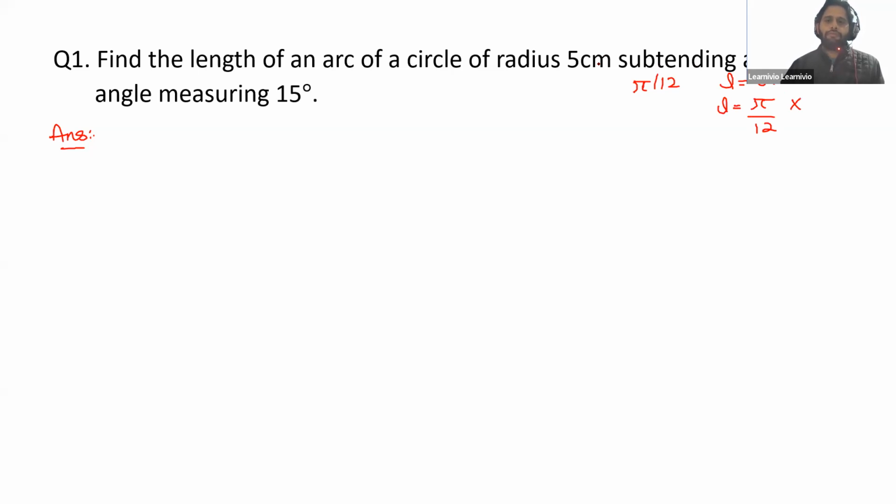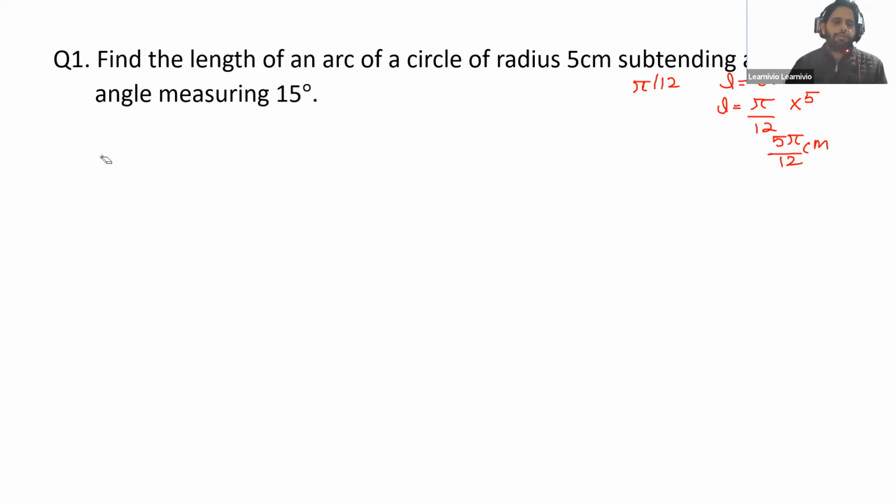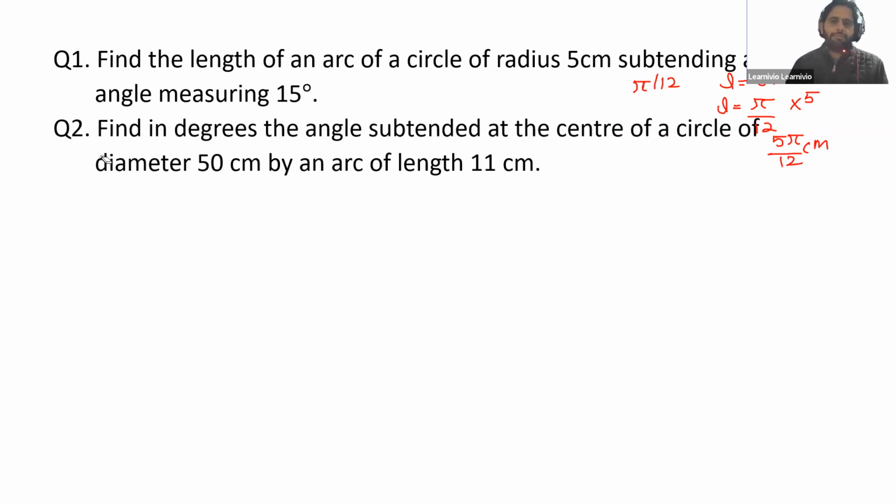Radius is 5 centimeter. So the answer is 5 pi by 12 centimeter. And then finally, you can put the value of pi and divide the terms, and you will get the answer in decimals. I hope this question is clear to everyone. Please try this.